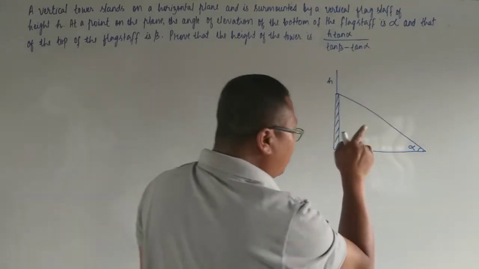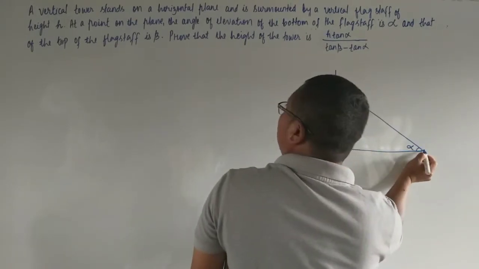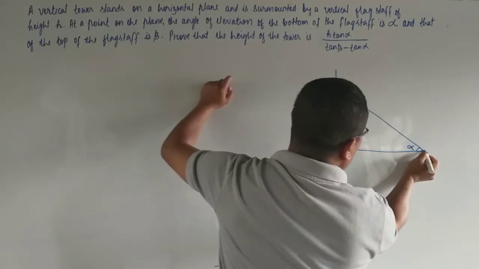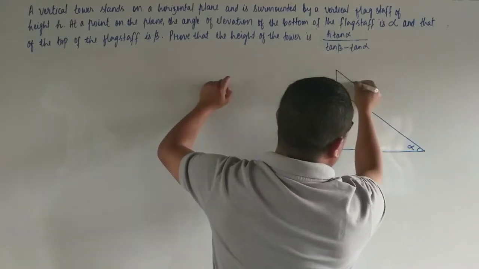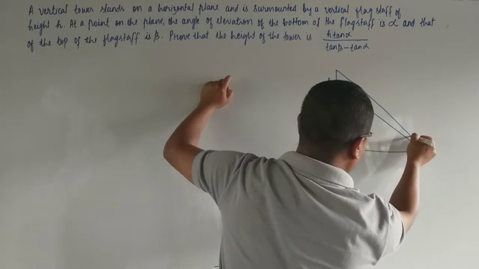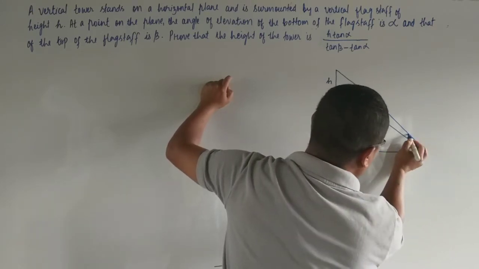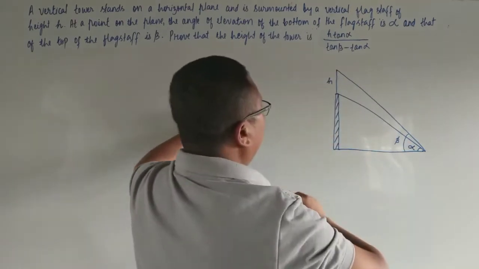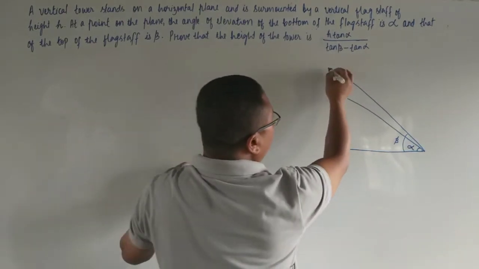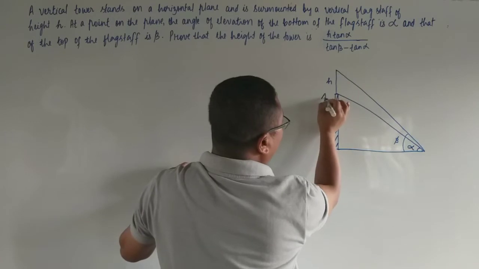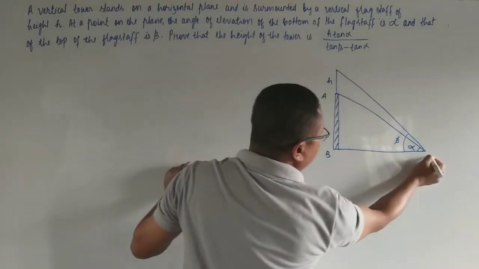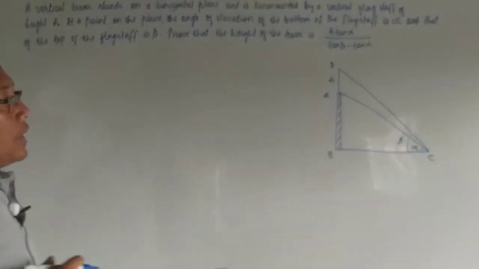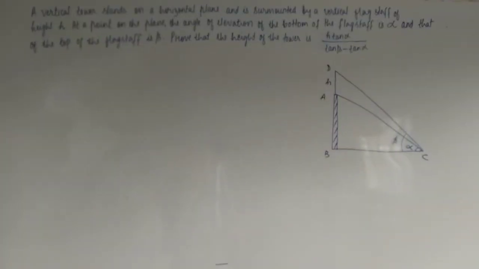And from the same point, the angle of elevation of the top of the flagstaff. So I'm going to just draw from here. Top of the flagstaff, so this angle is beta. Now let's give the name of the points. So A, B, C, D. So this is the diagram that we have for this question.